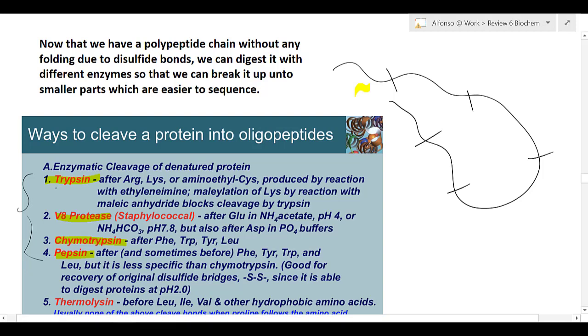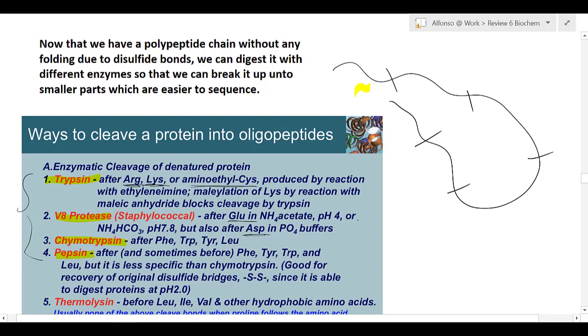So trypsin, here's what you're going to want to know. It cleaves after arginine and lysine or aminoethylcysteine. V8 protease cleaves after glutamate and also after aspartic acid, and that's it.